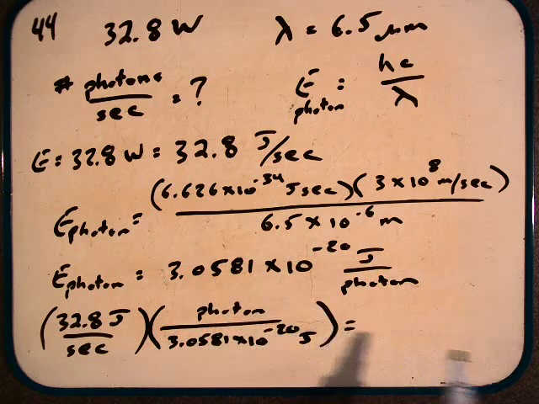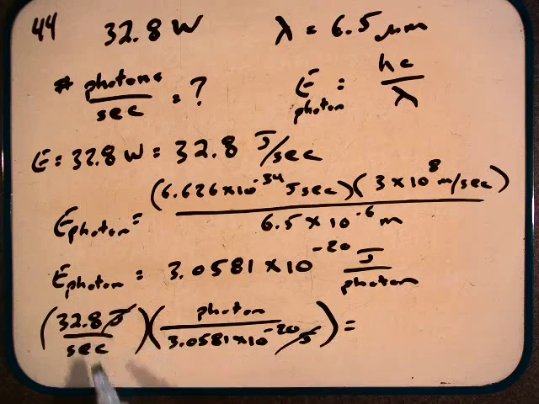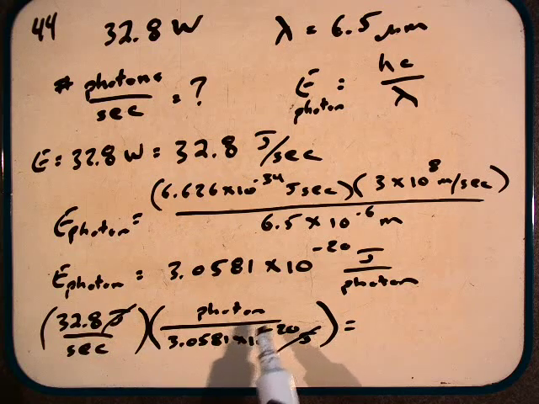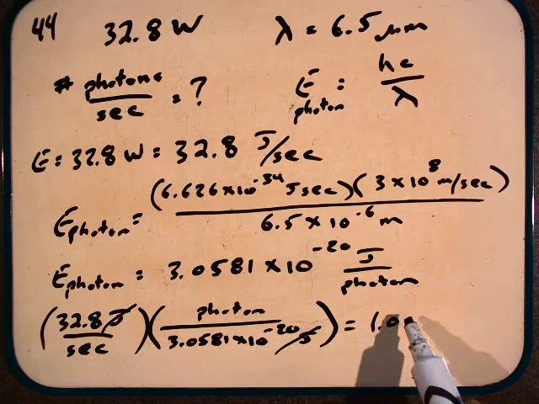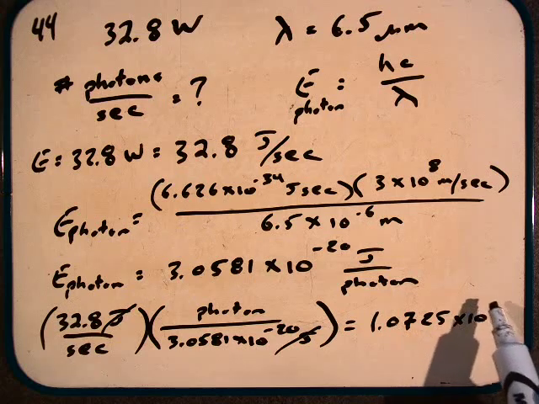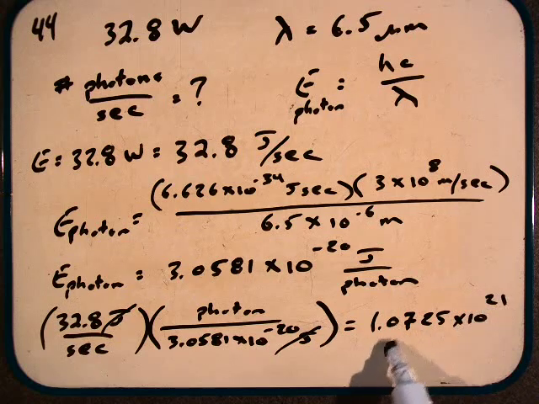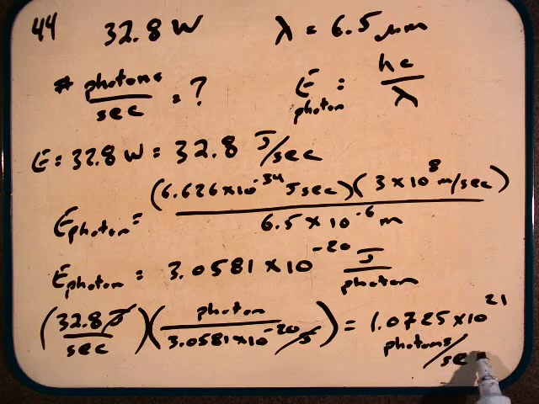And the reason why we need to divide is so that our joules are canceling out and we're left in number of photons per second, and we get a value of 1.0725 times 10 to the 21st photons being emitted every second.